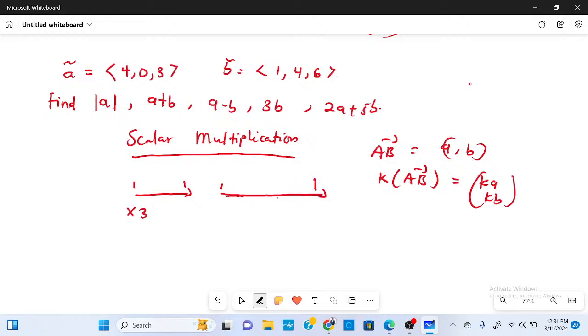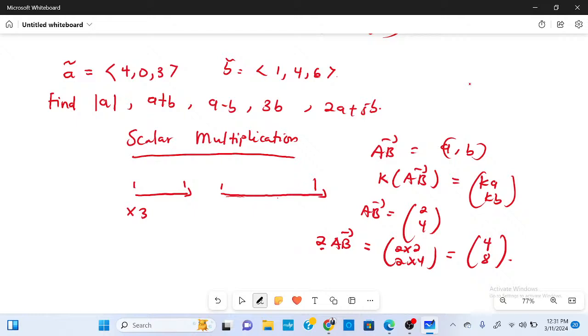A typical example is, let's say you have vector AB equal to 2, 4. If I apply the scalar, let's say find 2AB, this 2 here is a scalar and it's going to affect the magnitude of AB. Therefore, I'm going to have scalar multiplication. So we are going to use this concept to solve the problem we have above.